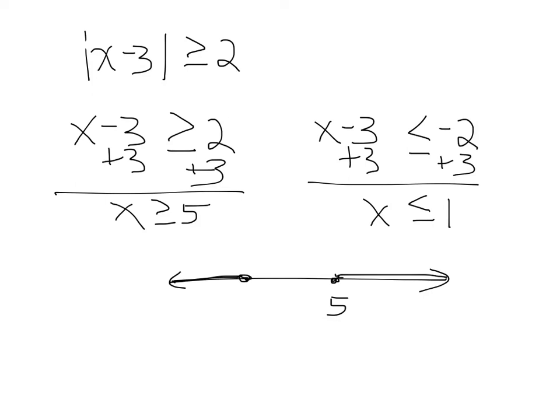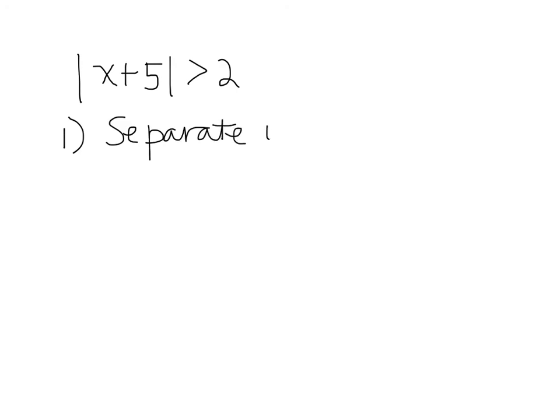I know that it can take a while to wrap your brain around this, and hopefully you got the idea in class. Basic steps. If you have an inequality that starts out inside of absolute value, if I say that, for example, the absolute value of x plus 5 is greater than 2. So you start here. The first thing you want to do is separate into two inequalities.